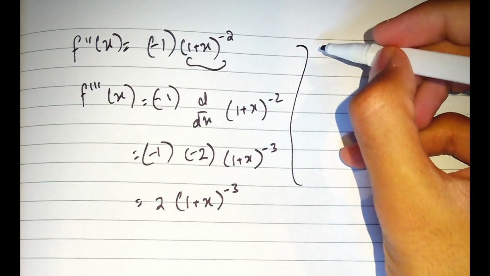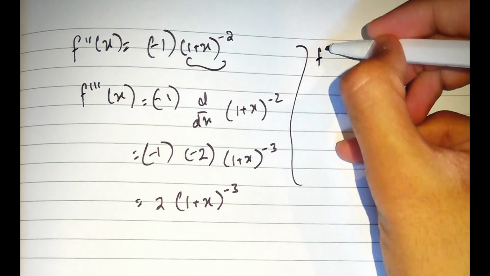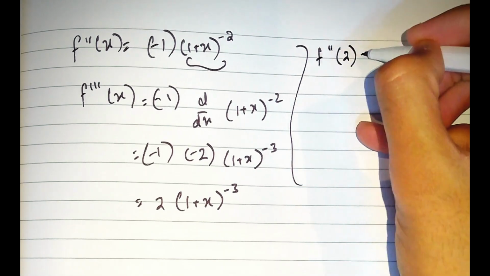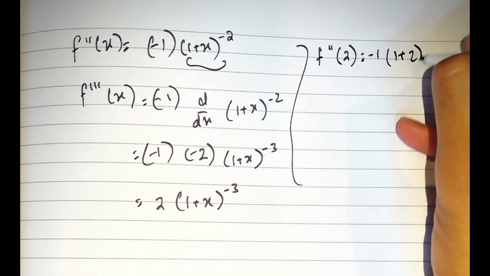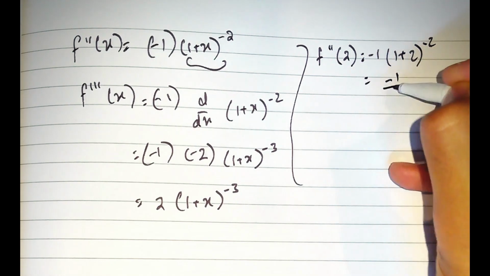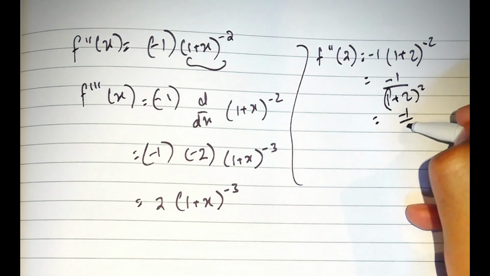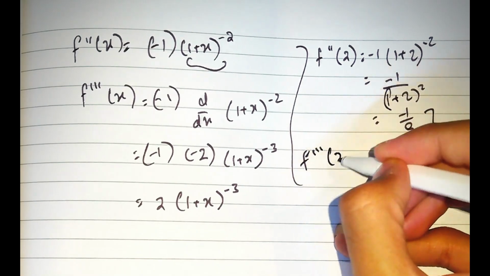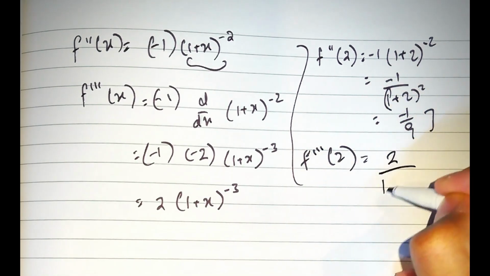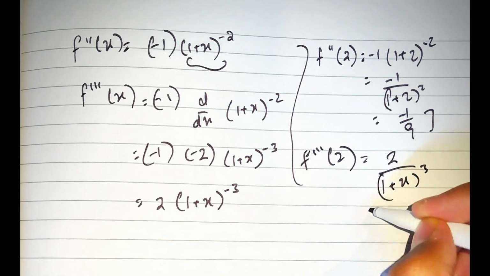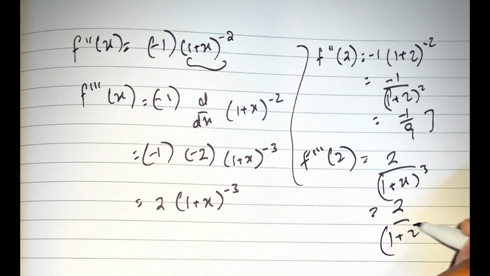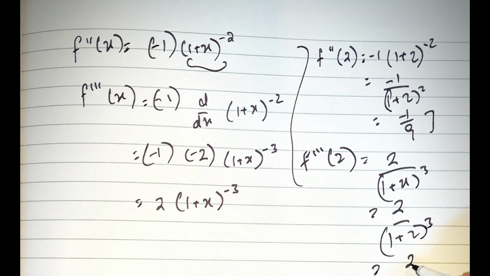Then the second derivative of f at 2 is negative 1 divided by (1 plus 2) to the power 2, negative 1 divided by 3 squared, which gives us 9. The third derivative of f at 2 gives us 2 divided by (1 plus 2) to the power 3, and 3 cubed is actually 27.